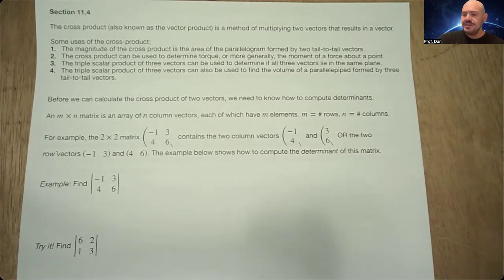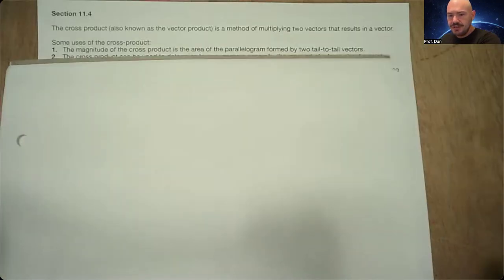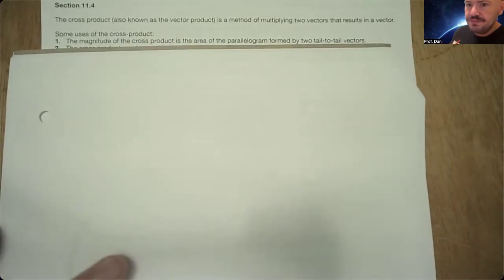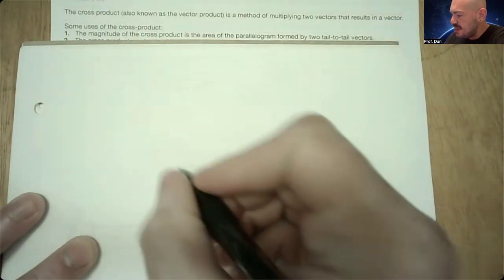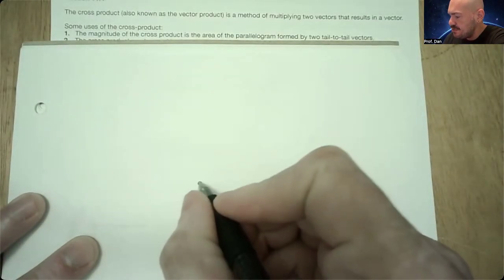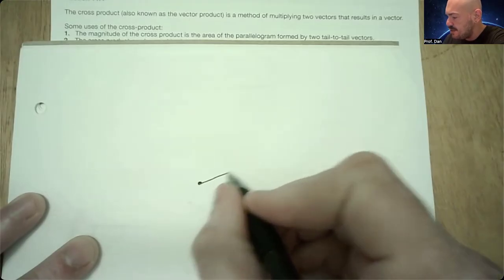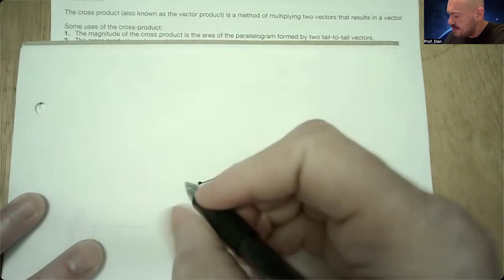Before I get into any heavy computation, just an idea of what the cross product represents in space. Let's say that I have these two vectors, tail to tail, something like this.